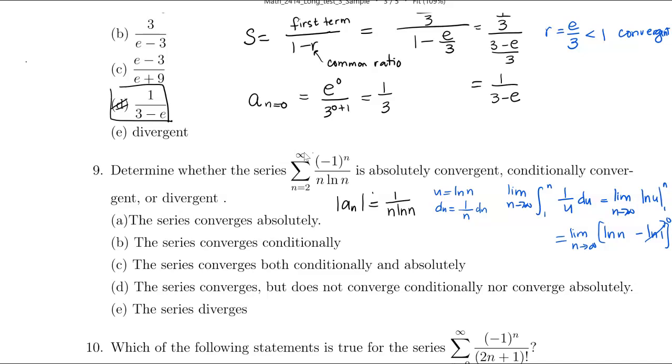That is just 0. And ln of infinity is also infinity. So that means it is divergent. Again, that's for the absolute value. So the absolute value is divergent. So we can't say at this point that the series is divergent. Letter E is inconclusive yet because we just looked at the absolute value.